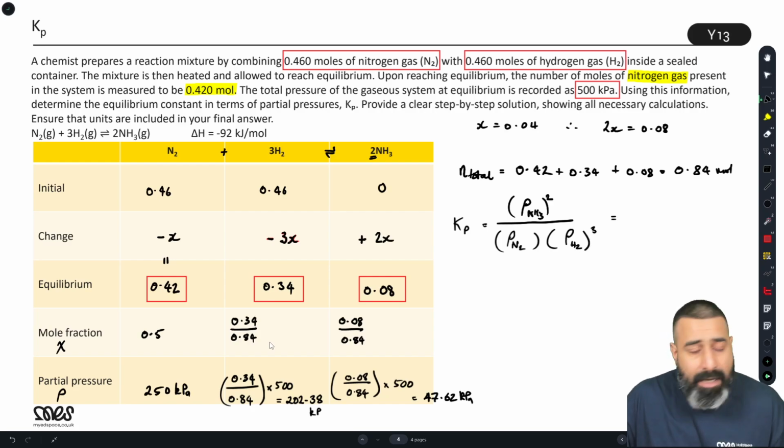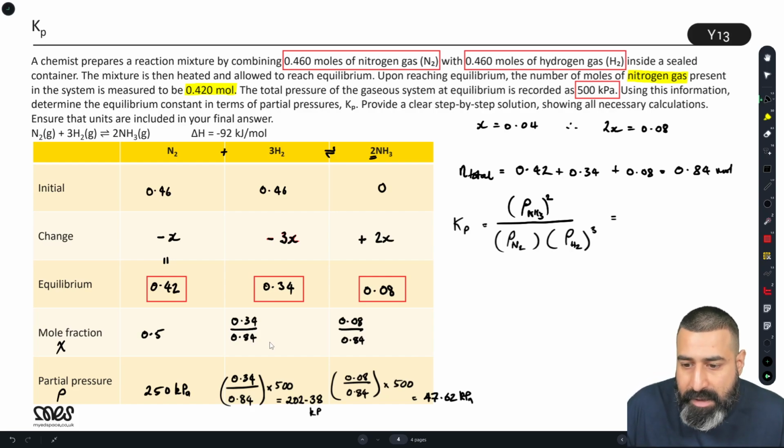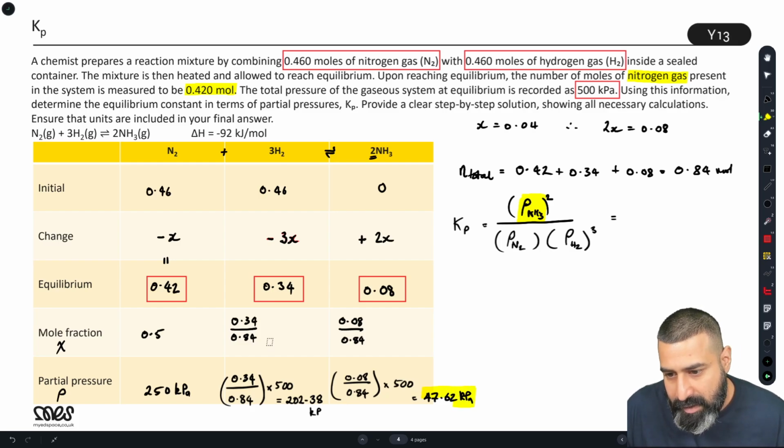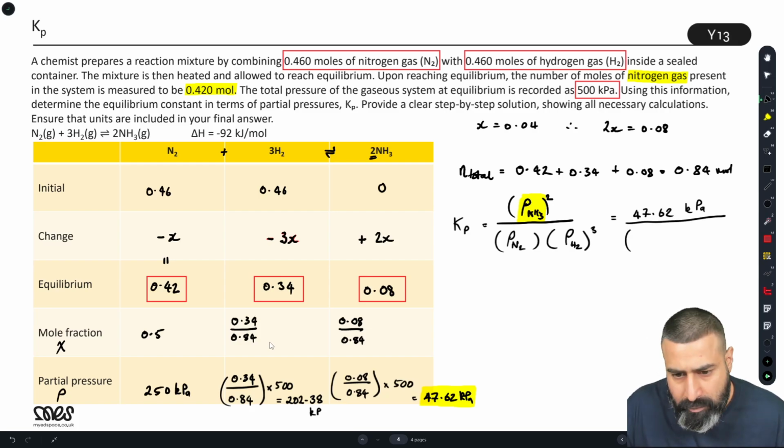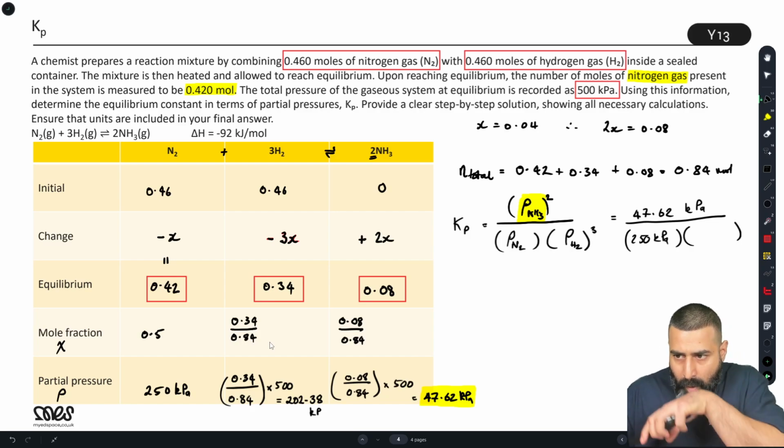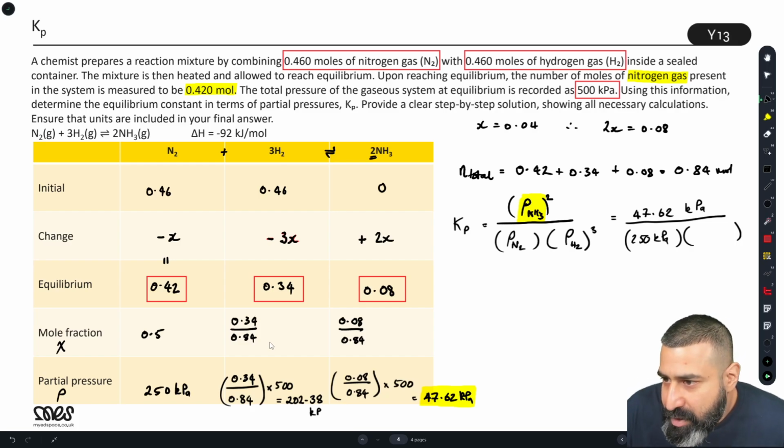So once I've done that, you've got all these values, stick the values in. So this is for ammonia. And just make sure you get the order right rather than doing it upside down. Okay, so take your time. So this is going to be 47.62 kPa all over 250 kPa multiplied by, okay, by the way, that should be squared.